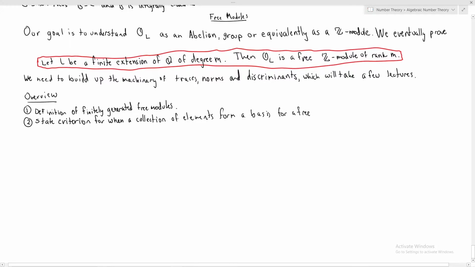Essentially, once we've proven this theorem, an important question will be, how do I find a basis for this O sub L as a free Z module? This criterion, along with some later criteria, will be useful in determining whether my collection of elements is a basis.